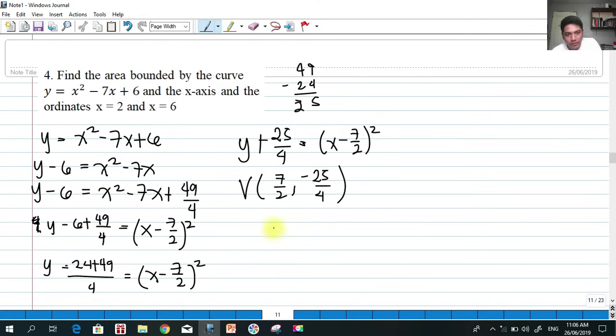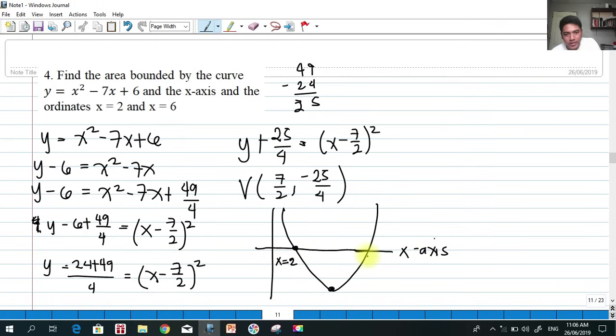So for example, here is our vertex of the parabola. Let's say this is x equals 2, and this is x equals 6.